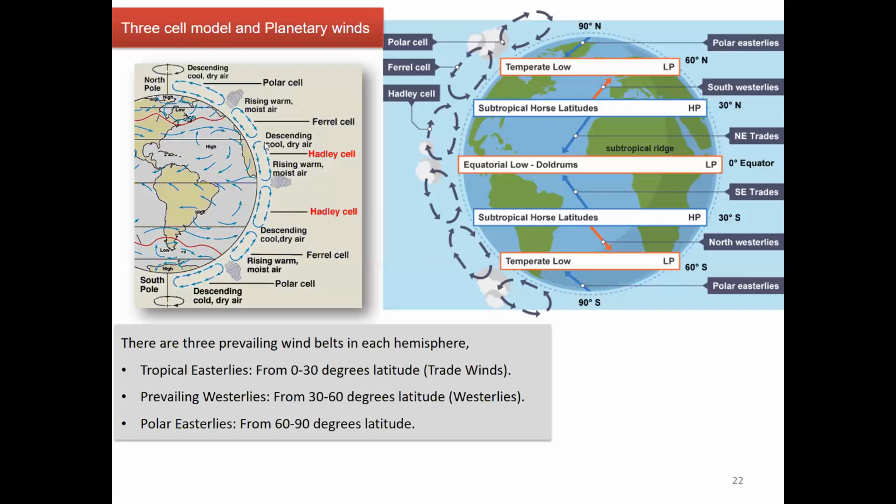Once it has descended, it again starts traveling towards the equator. This is one cell formed here, called the Hadley cell.